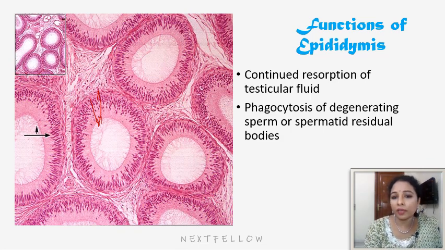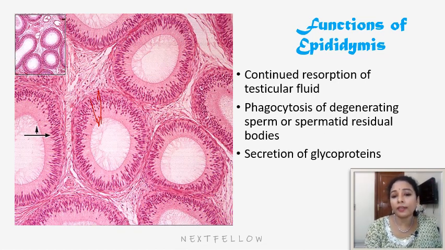Their main function is phagocytosis of degenerated sperm or spermatid residual bodies, and they help in the secretion of glycoproteins. These are the main functions of the epididymis.